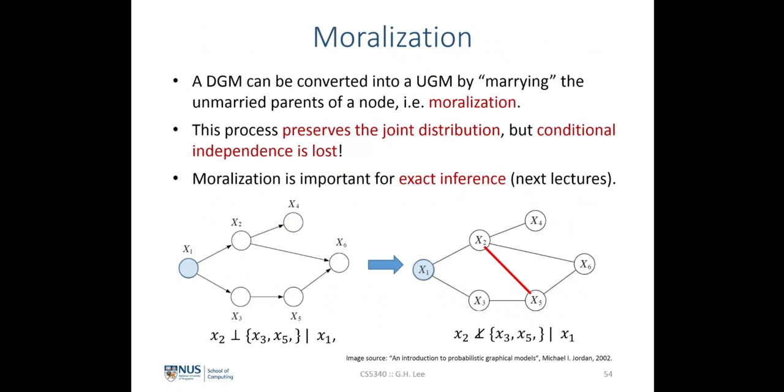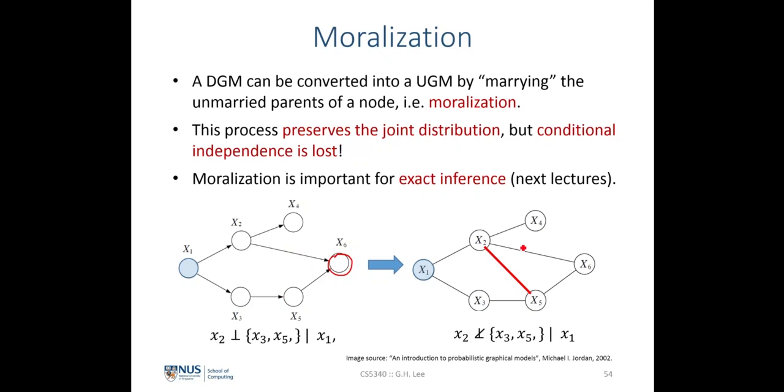And this brings us to the concept of moralization, where we marry all the unmarried parents of a node from a directed graphical model. In this particular case, after we have converted it into an undirected graphical model, we will marry all the unmarried parents in the directed graphical model. So here we have the random variable x6 with two parents, x2 and x5.